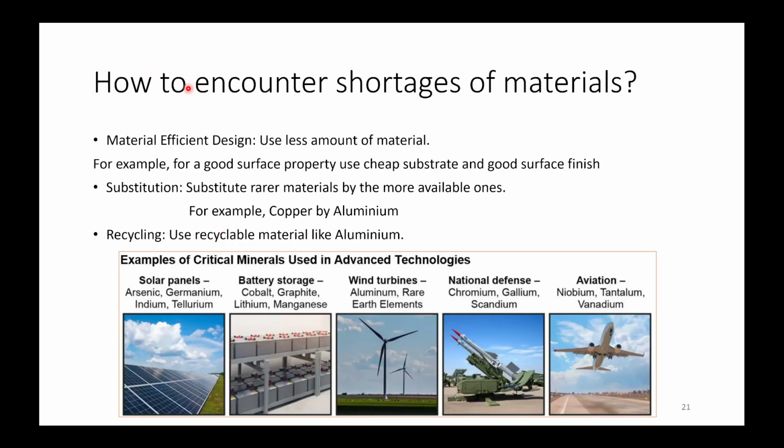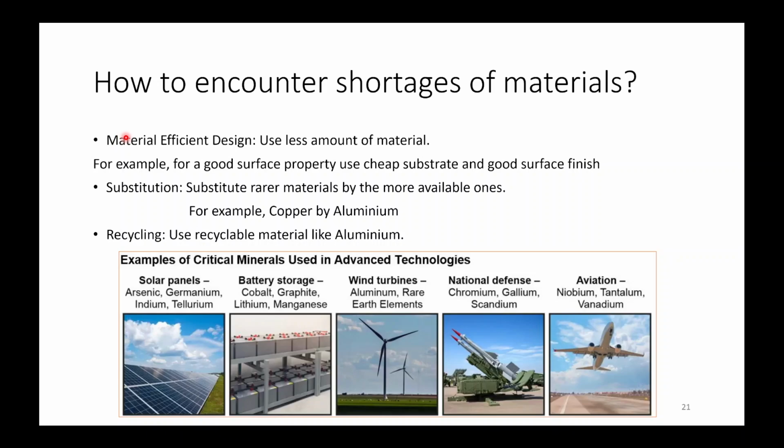Now, how to encounter the shortage of materials. These are three ways we can encounter the shortage of materials. Firstly, we can use material efficient design. So we design such that it uses materials efficiently.